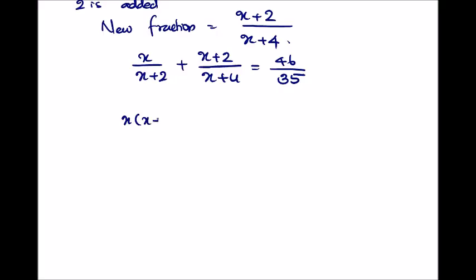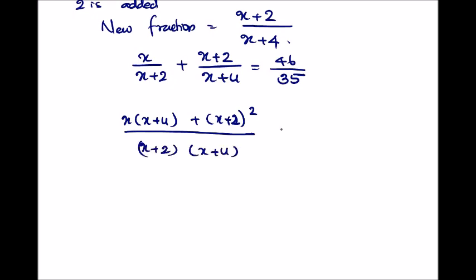x into x plus 4 plus x plus 2 the whole square, divided by x plus 2 into x plus 4, that's equal to 46 divided by 35.